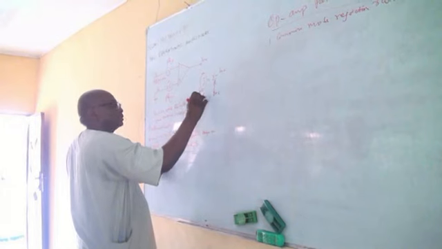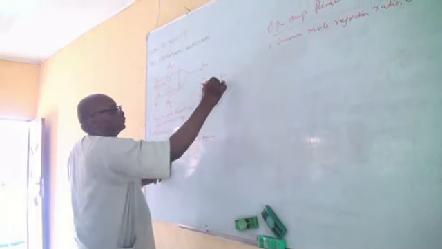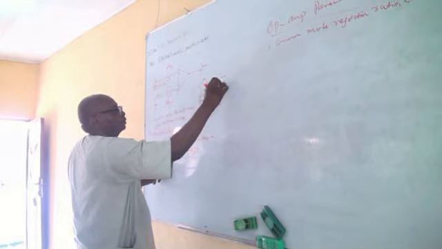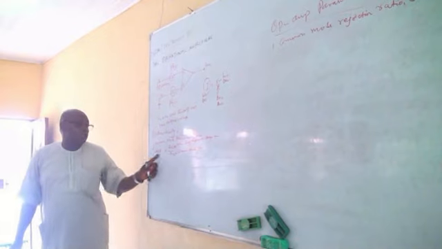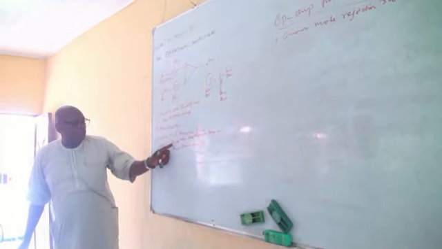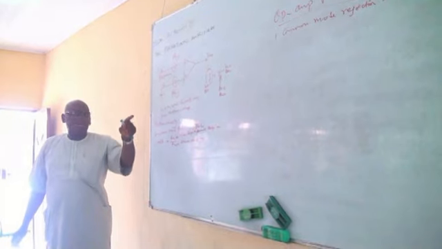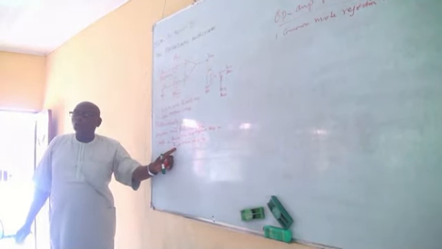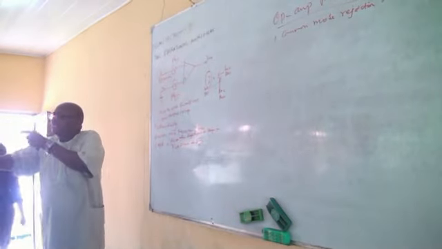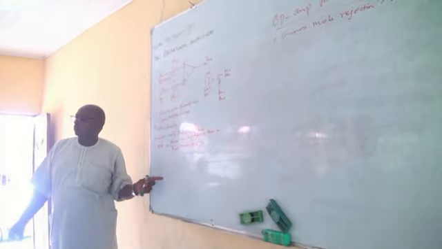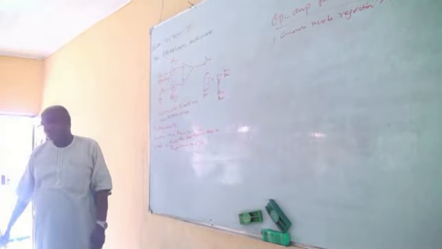If the current is decreasing, the resistance will increase, and the voltage will also decrease. So hold that relationship here. You will discover that anytime the open loop gain is increasing and the common mode gain is decreasing, the better the performance of the operational amplifier, because it will be rejecting all those unwanted signals.